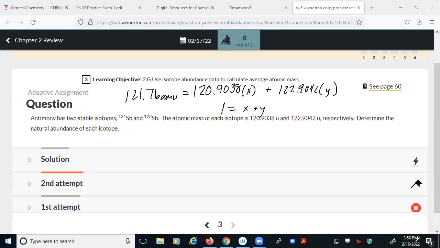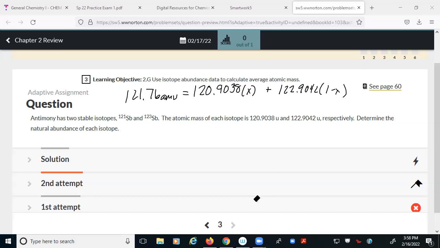How do you solve 2 equations with 2 unknowns? You isolate a variable in one of the equations, and then reinsert it into the first. 1 minus x is equal to y. And so I change this to 1 minus x.